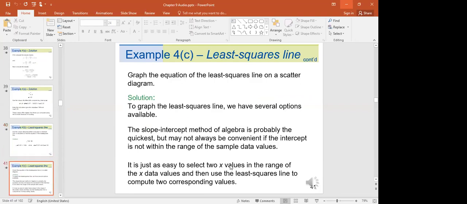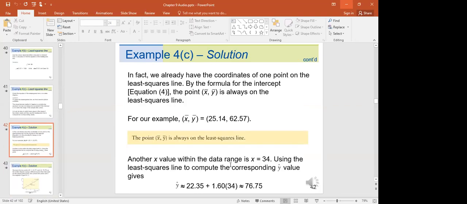What value are we going to get for the wolf population? For x equals 34, we replace 34 here and get an estimated 76.75. Do you see here that this value is not exactly what we got from the sample?